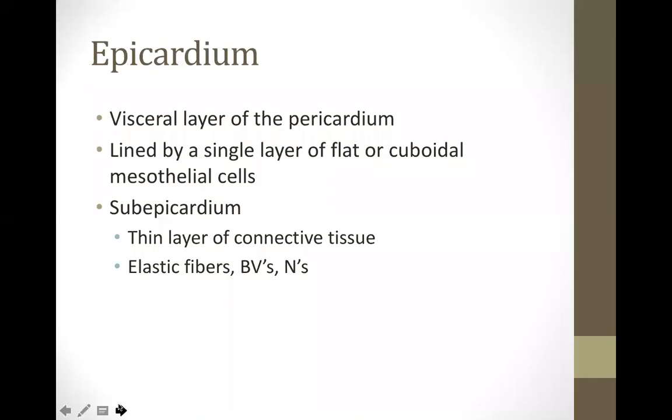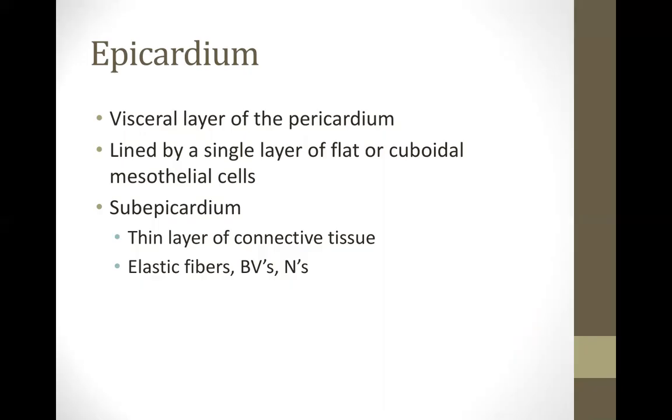Alright, and last layer is the visceral layer of the pericardium, which is your epicardium. They're also lined by a single layer of flat or cuboidal mesothelial cells. And if the endocardium has subendocardium, your epicardium also has subepicardium, which has a thin layer of connective tissue.